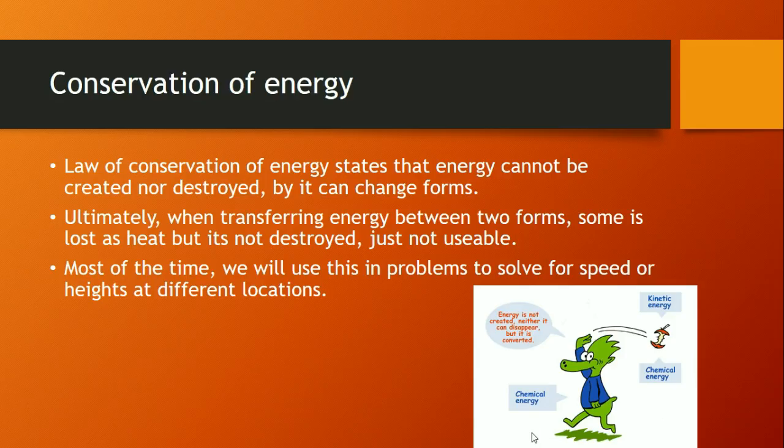And the important part about energy is that it is always conserved, because energy cannot be created nor destroyed, but it can change forms. And so basically, ultimately in real life, when energy is transferred, some of it will be lost as heat, but technically it's not destroyed, because it's just not usable, because in real everyday life there's always friction.